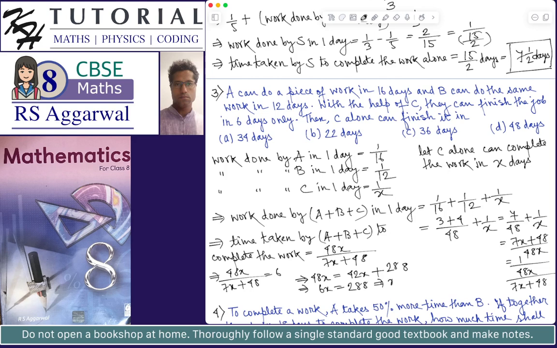So x is equal to 288 divided by 6, which is 48. So 48 days. We assumed that C alone can complete the work in x days, so the answer is 48 days. The correct choice is D.